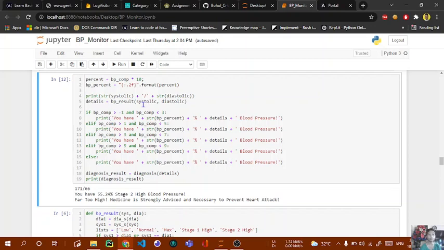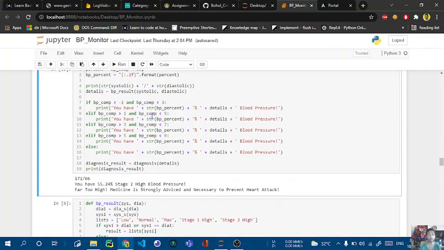The computed BP is just a percentage, but I added an additional function so that you can check what type of category you have.